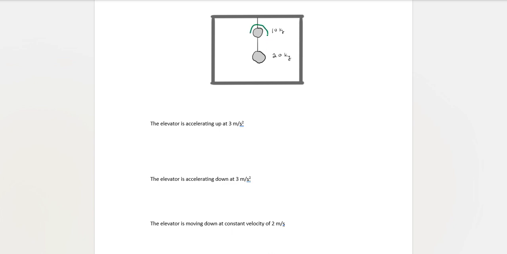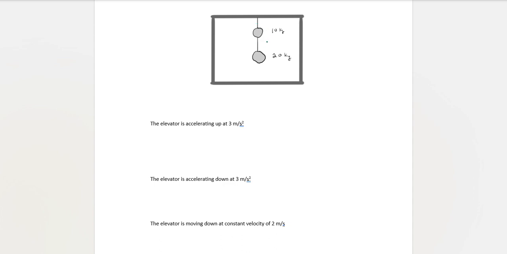Here's one possible free body. If we draw a free body of that part of the system, there's going to be two tensions. The tension in that upper rope will be up, but the tension in that lower rope, which you found previously, would be down. And that will work just fine. Write a Newton's second law equation and solve it.